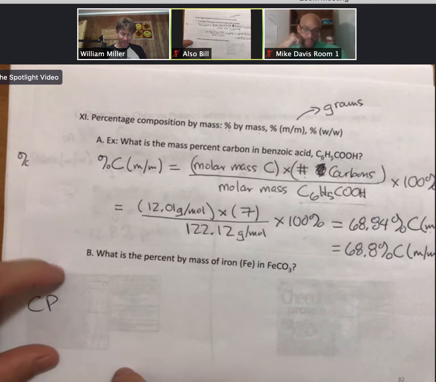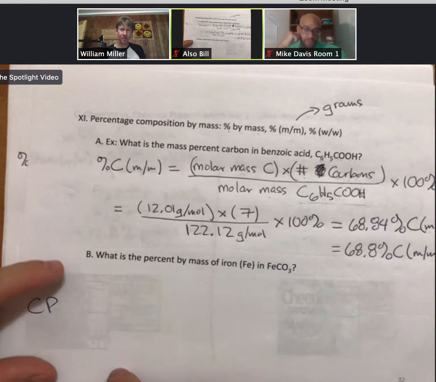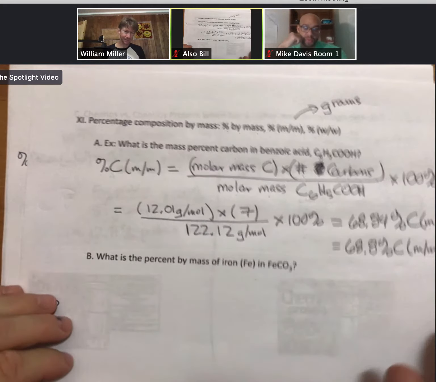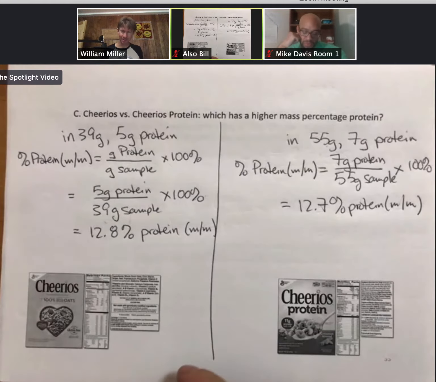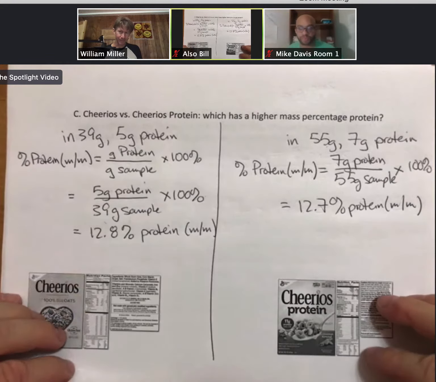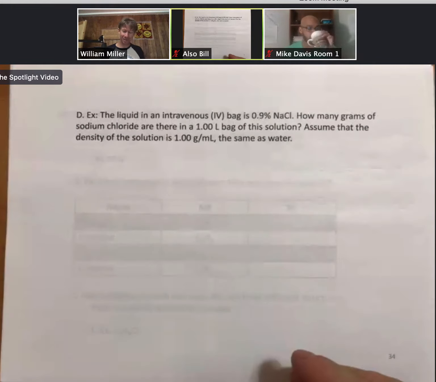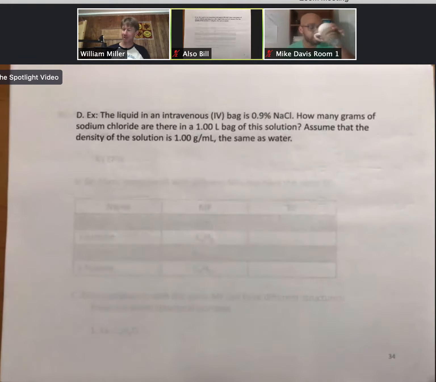You do not have to do the companion problems when you turn them in, and you'll still get full credit. If you do the companion problems, I think that's a wise choice to get good practice in, but you do not have to do them. So hopefully that answered your question. Okay. All right. And you can definitely not buy Cheerios protein anymore. I've looked.